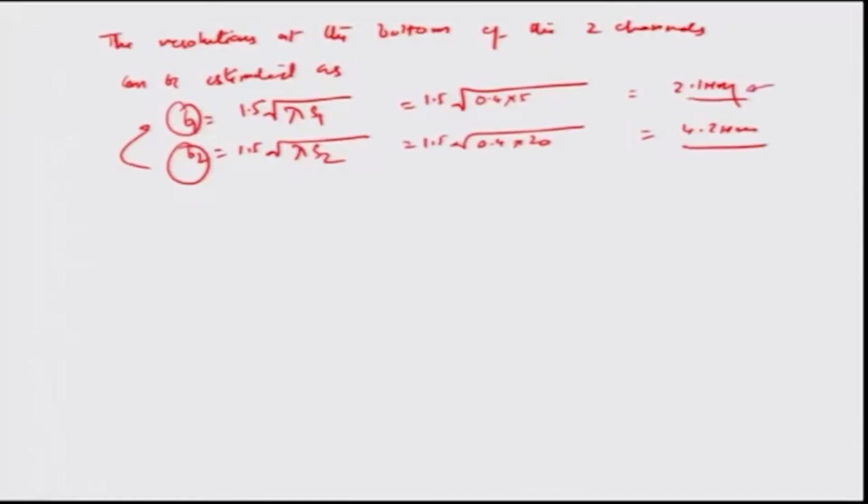That is in the case where the depth is about 5 micron, and this increases to 4.2 microns as the depth changes to 20 microns. So, deeper channels therefore cause larger distances and blurrier images.